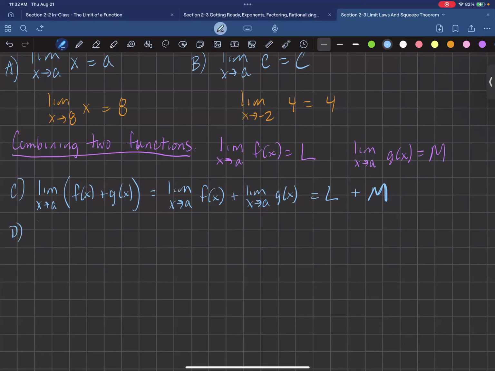The minus one isn't any different, but I'll make it a different line if it helps people. We have f of x minus g of x.